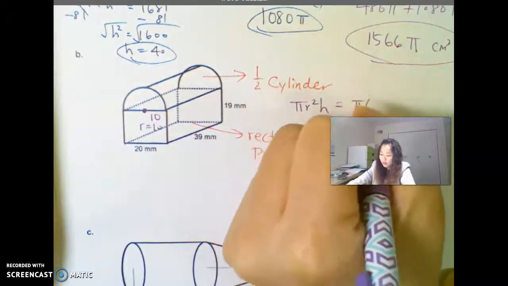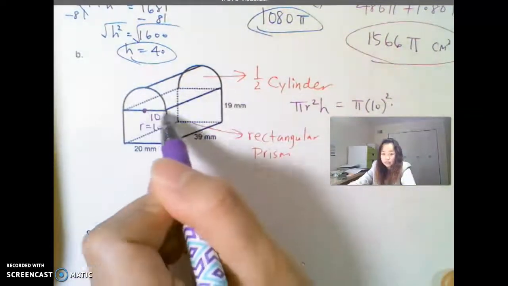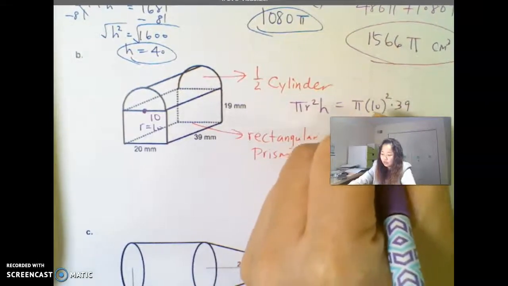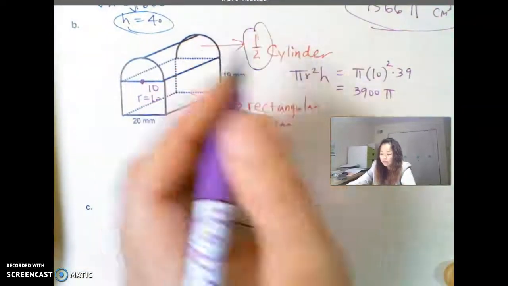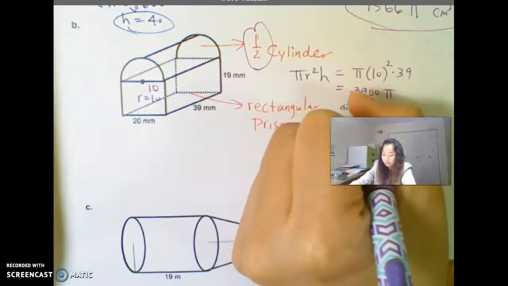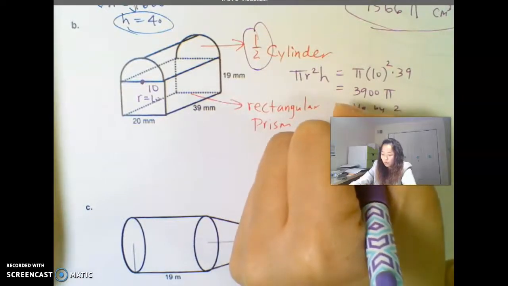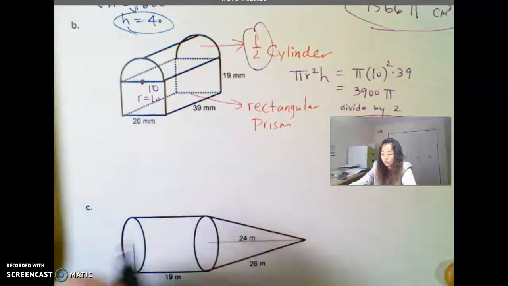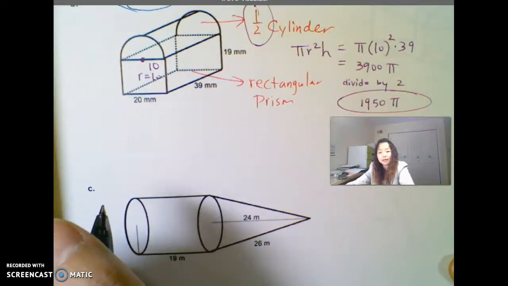So it'd be pi times 10 squared times the height, which is 39. That gives me 3900 pi. But don't forget it's only half, so we're gonna divide it by 2. 3900 divided by 2 is 1950 pi. So half of the cylinder part will be 1950 pi.